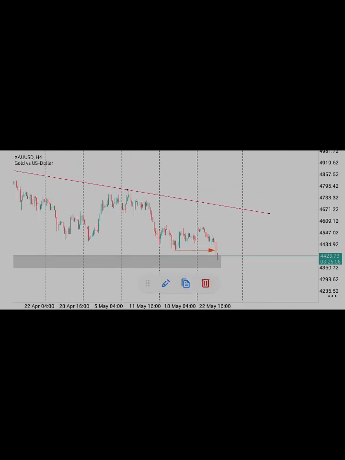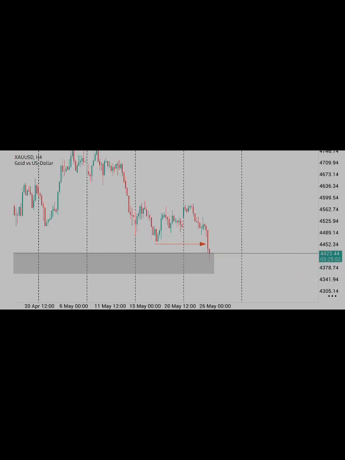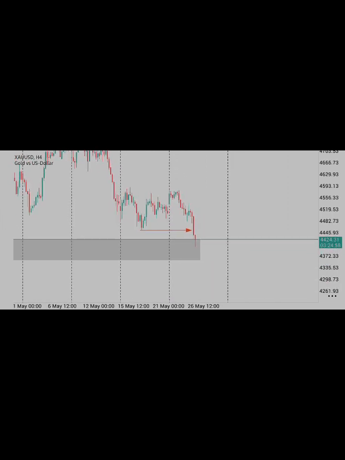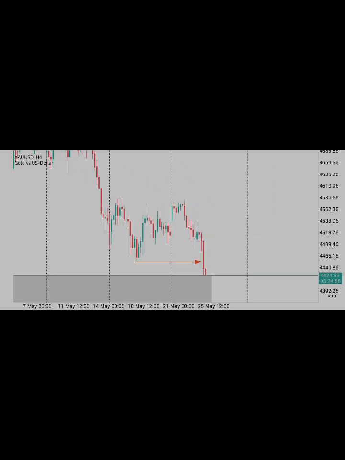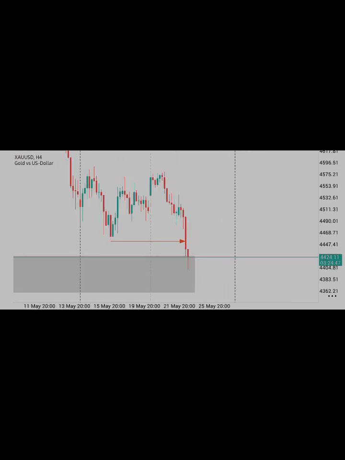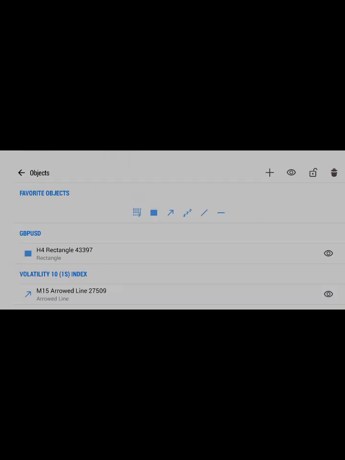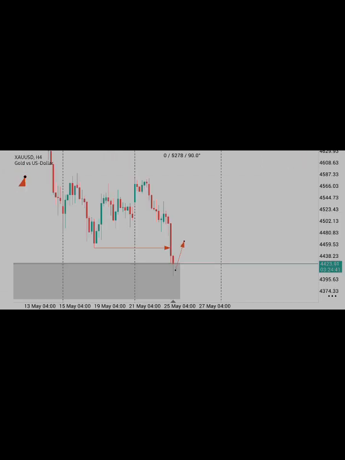So ideally, after the break of structure to the downside, the market would retrace. So now we're going to watch and see where the market is going to retrace to. So maybe the market is going to retrace to this point here. That's this block here.